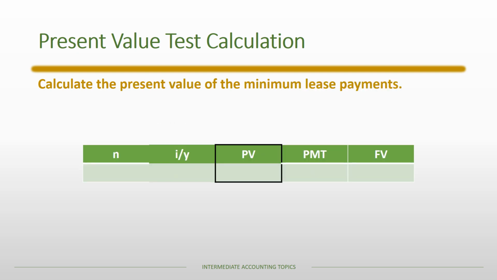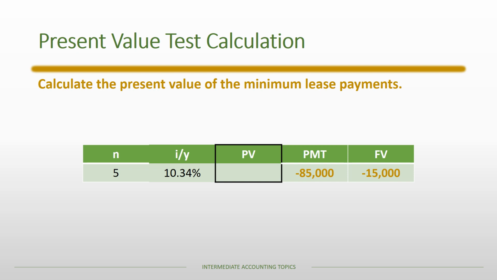The next step is to use that information to calculate the present value of the minimum lease payments. The N and the I/Y are the same: 5 years, 10.34% as a discount rate. Notice again, I switched the payment to a negative because from the lessee's perspective, they are making the payment. I also changed the FV, the future value, or that residual value, because the lessee has only guaranteed $15,000.